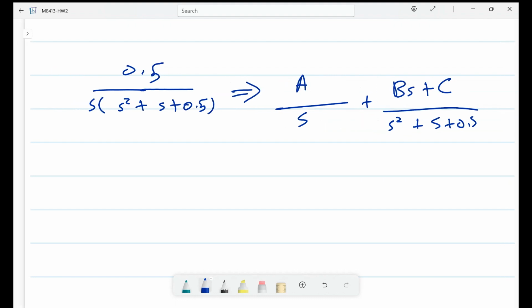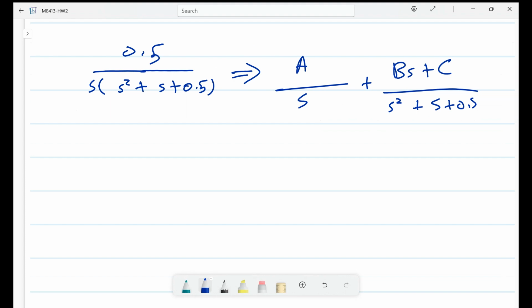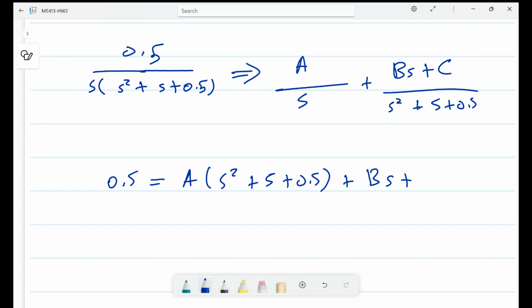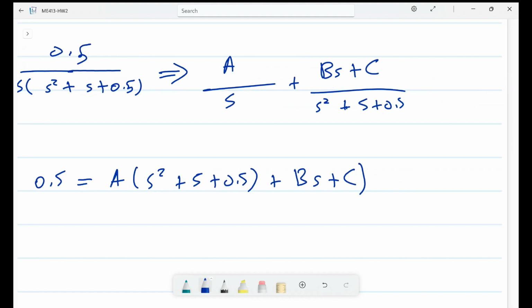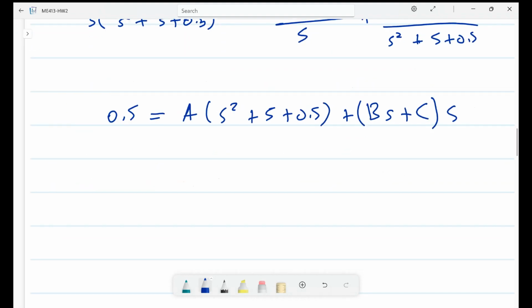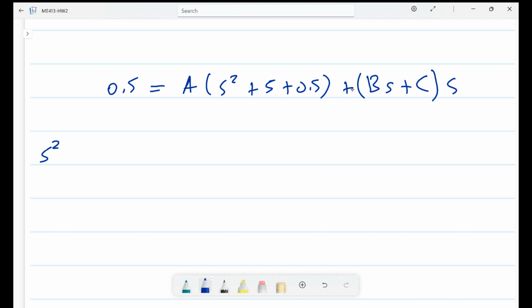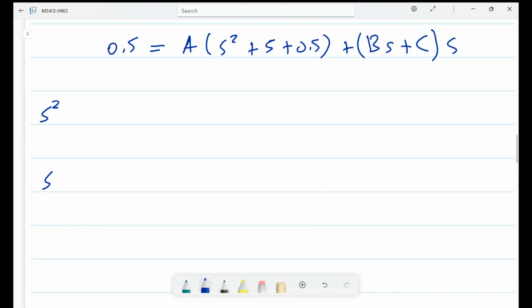In the undetermined method, 0.5 equals A multiplied by s squared plus s plus 0.5, and plus Bs plus C multiplied by s. We'll put these out, and we'll have this 0, which is just a constant.